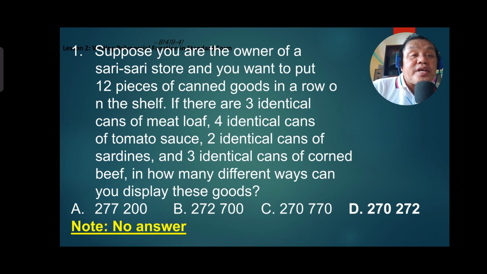If there are 3 identical cans of meatloaf, 4 identical cans of tomato sauce, 2 identical cans of sardines, and 3 identical cans of corned beef, in how many different ways can you display these goods?